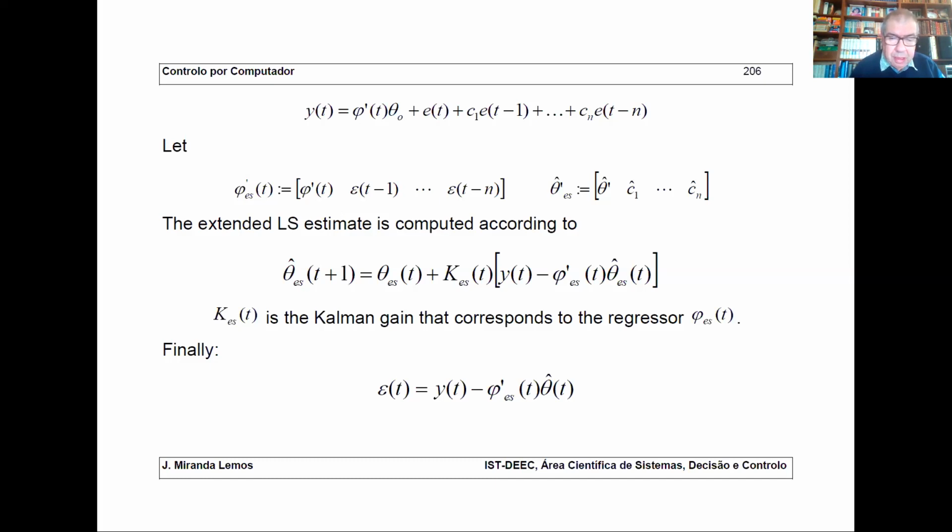So if you pick up a book on mathematical models for economy and finance, you will certainly see chapters on, or at least one chapter, usually more than one, on the extended least squares algorithm. And variations. There can be several variations to this algorithm.